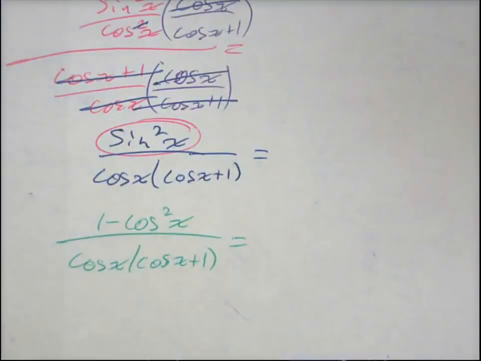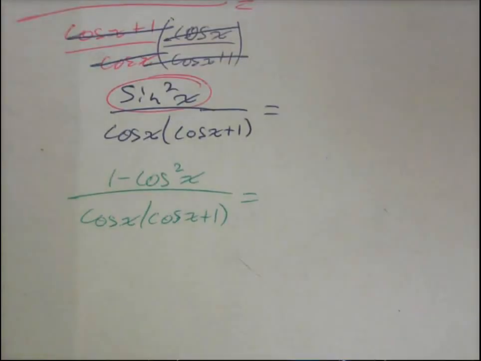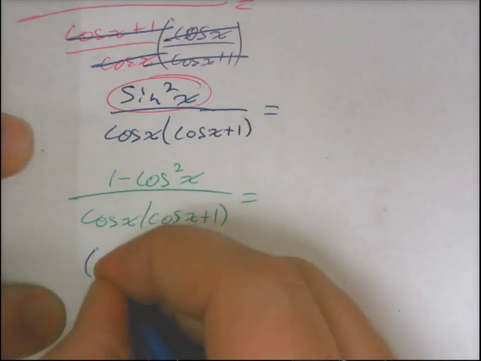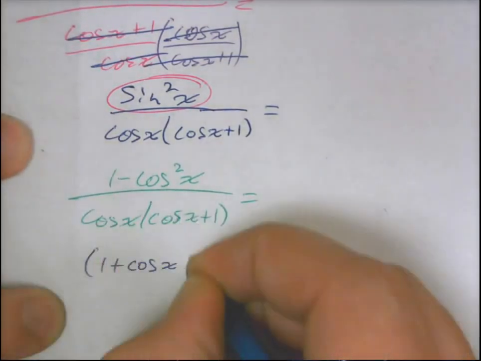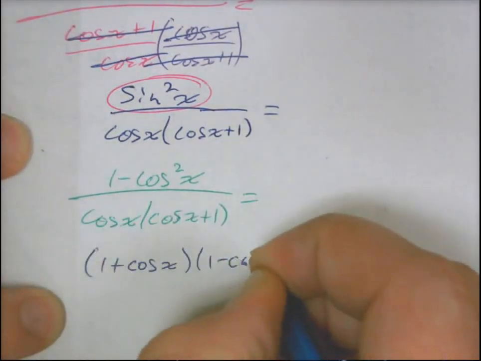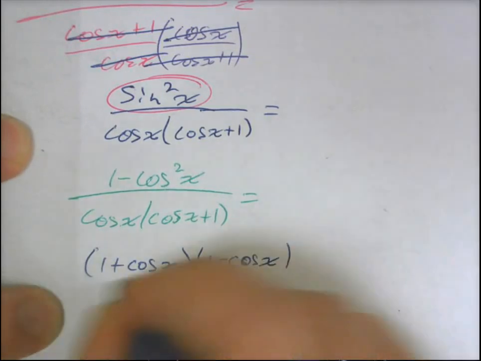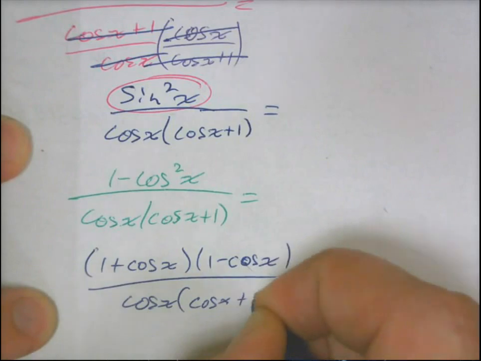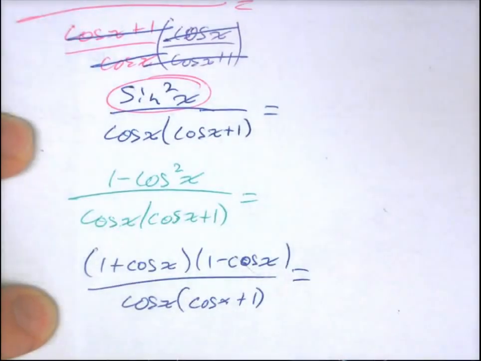The top is a difference of squares, so I will factor that. So you can say 1 plus cosine x times 1 minus cosine x all over cosine times cosine plus 1 equals.